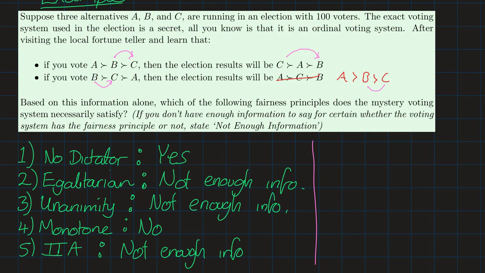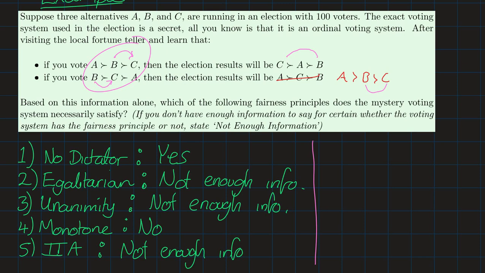So I could write it like this: the social ranking puts C better than B originally, and then in scenario 2 it swaps to B better than C, even though your preference for B and C remains unchanged.